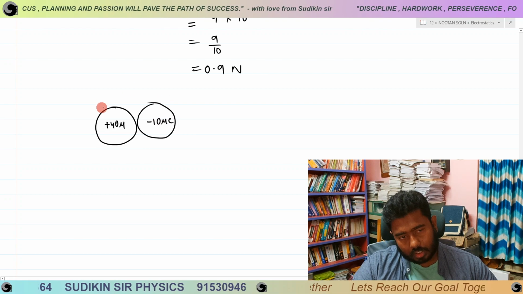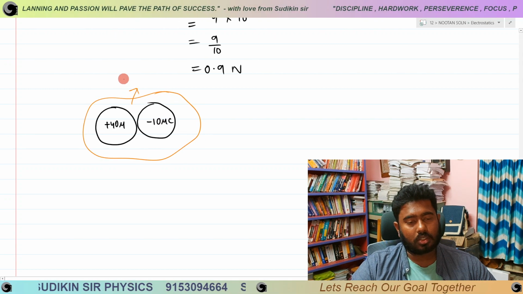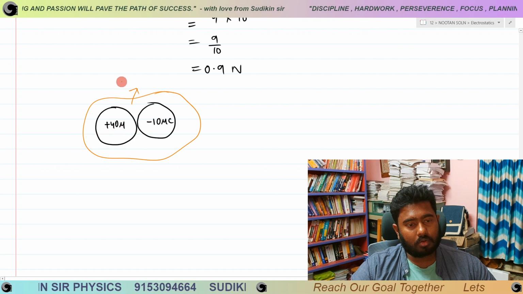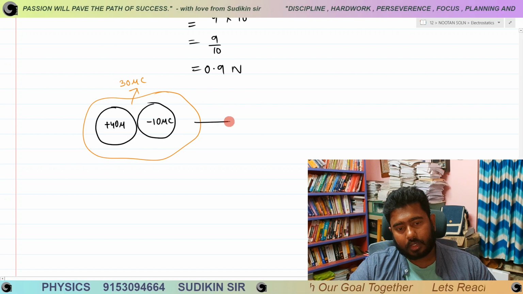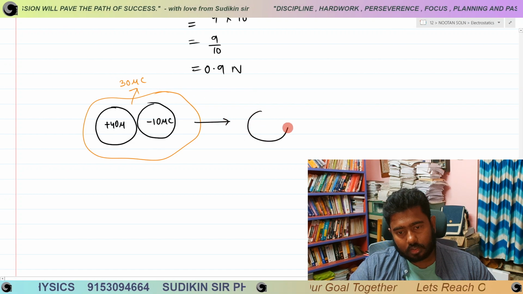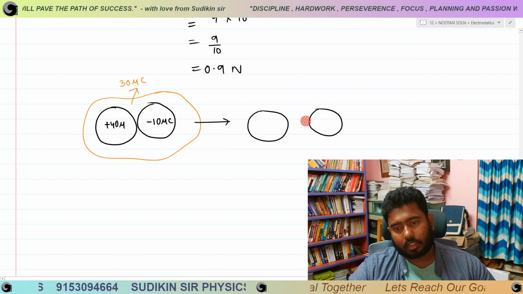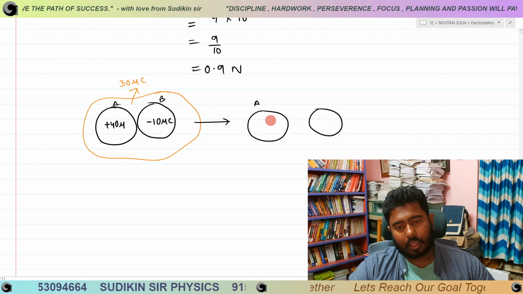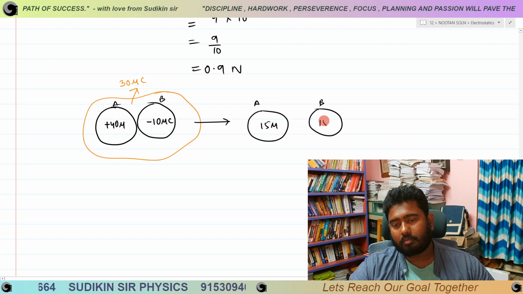So when we touched them, the total amount of charge after annihilating the minus 10 microcoulomb remains as 30 microcoulomb. Now we are separating them again, so 30 microcoulomb will get divided. This is A, this is B. Then A will get 15 microcoulomb, B will also get 15 microcoulomb.